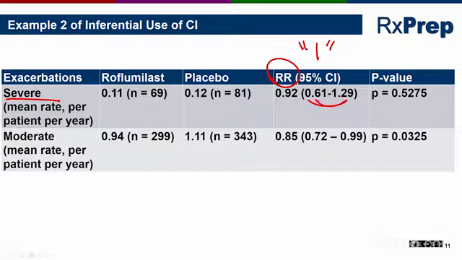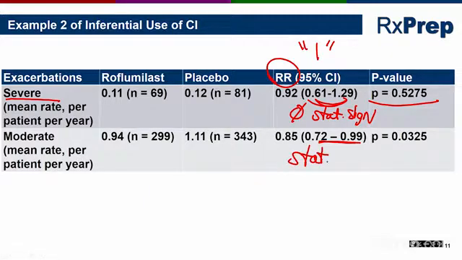If 1 is included, which it is here, then we know it's not significant statistically. We see that again by the p-value, but in case that p-value wasn't there on the exam. And here, do we have 1? Nope, almost, but we do not. So of course, if it does not contain 1, it is statistically significant. It's as easy as that.